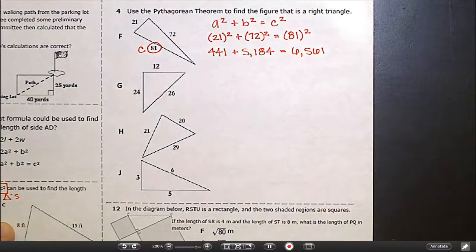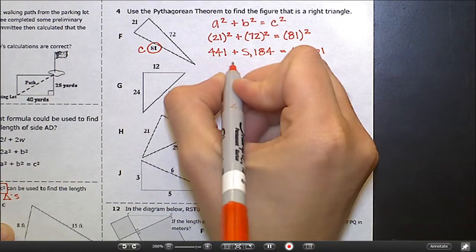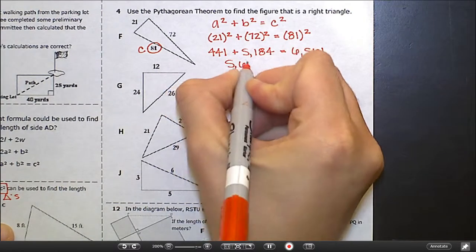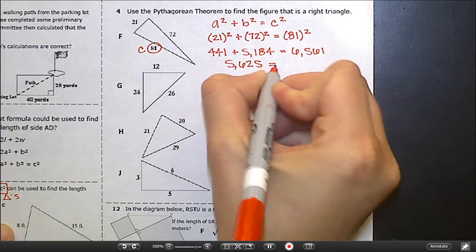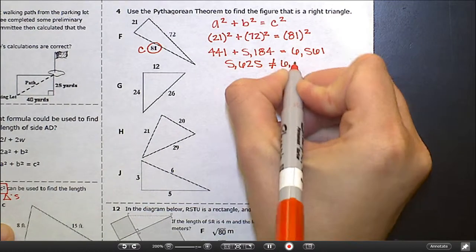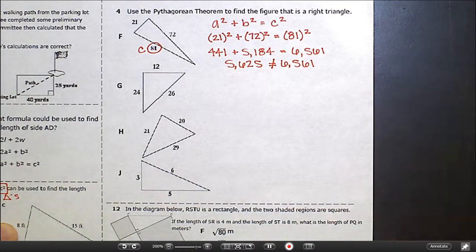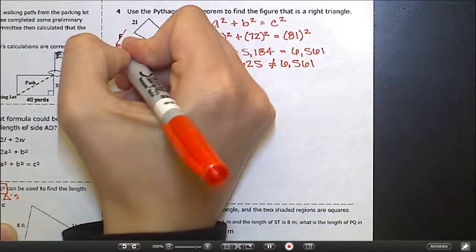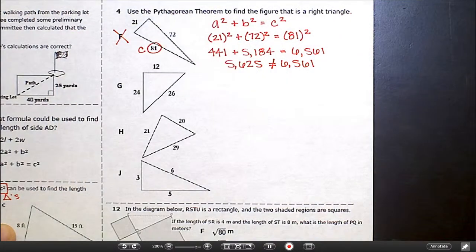So now we need to check and see, okay, is 441 plus 5,184? Nope, that is not equal. This is 5,625, which is not equal to 6,561. So F is not a right triangle.